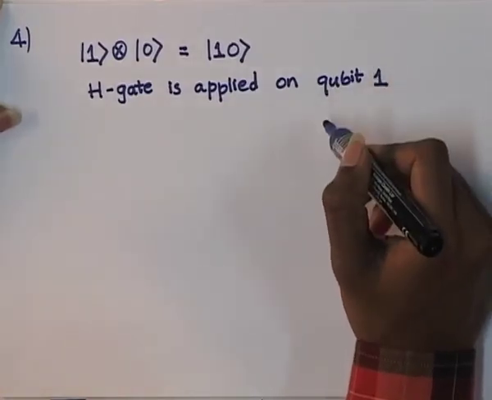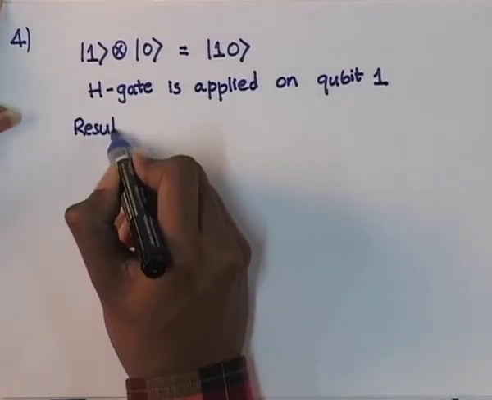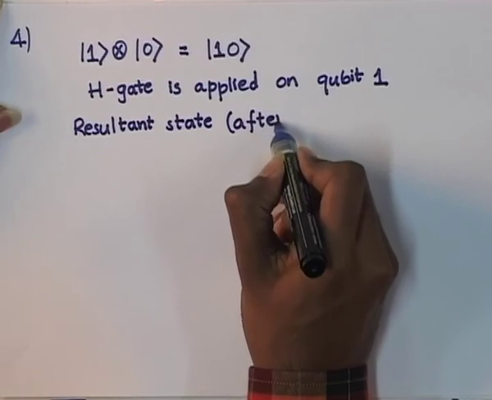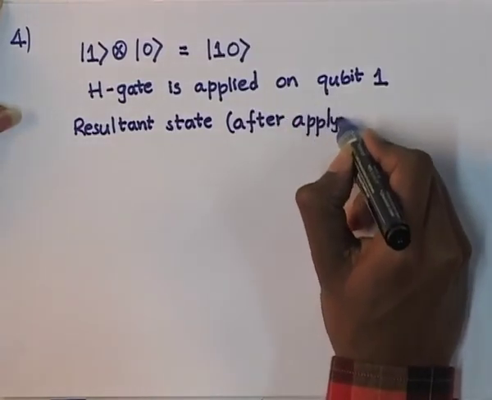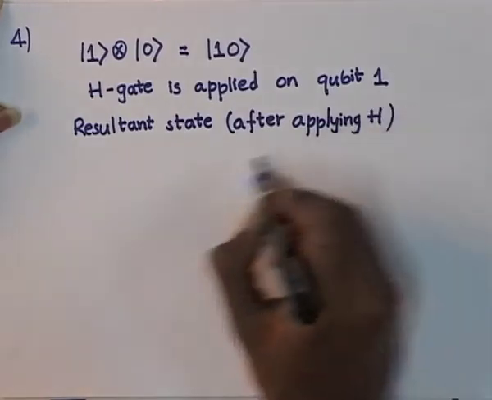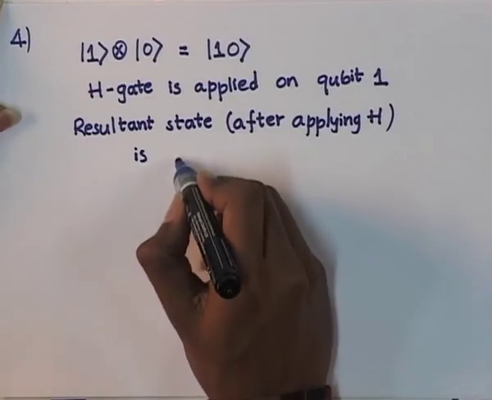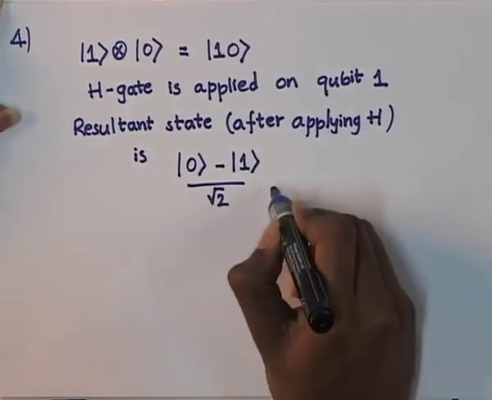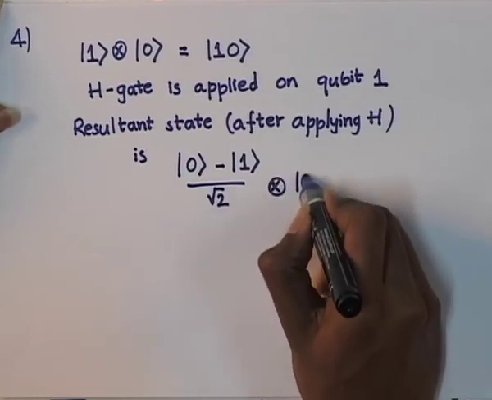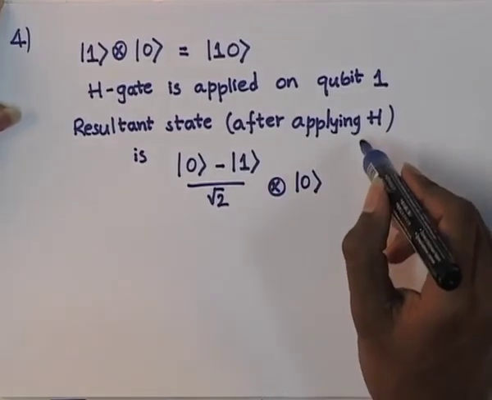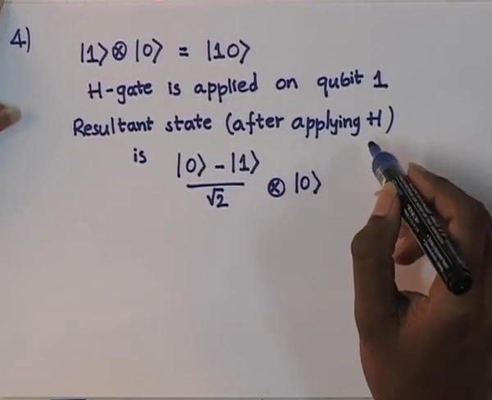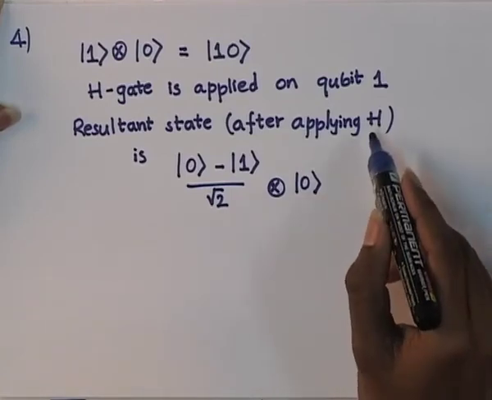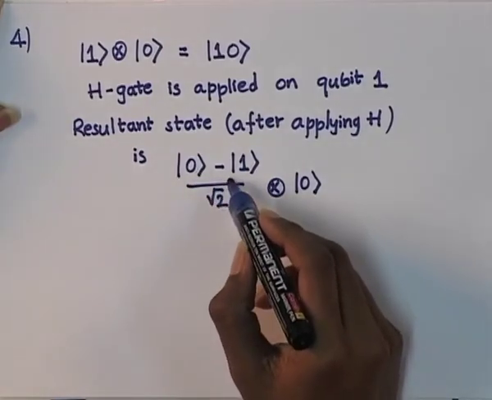So the resultant state after applying H gate is, because whenever we apply H gate on qubit 0, we obtain qubit 0 plus qubit 1 by square root 2, and whenever we apply H gate on qubit 1, we obtain 0 minus 1 by square root 2.